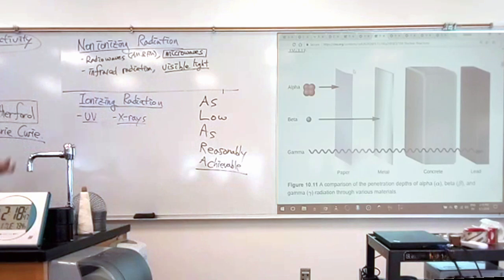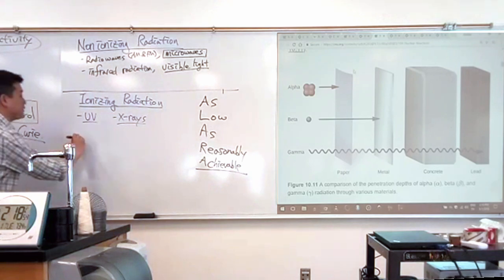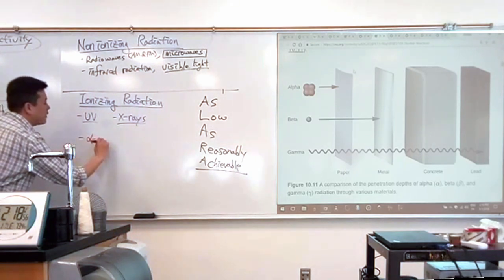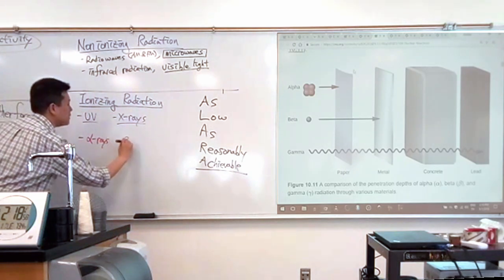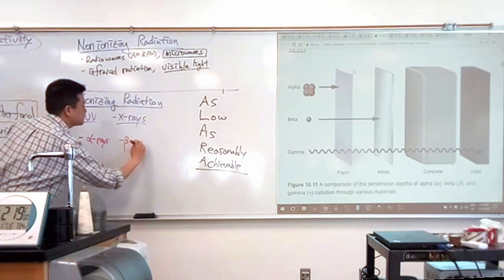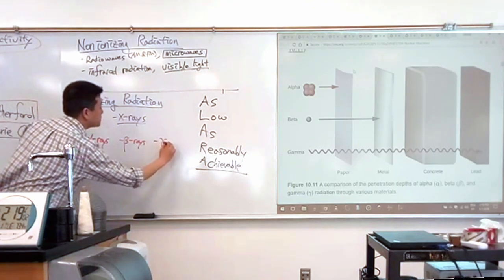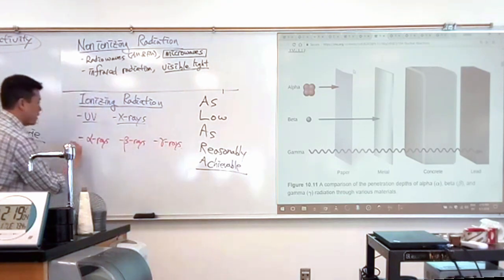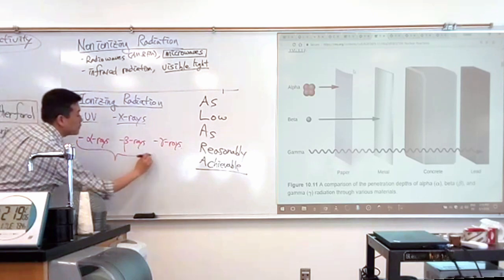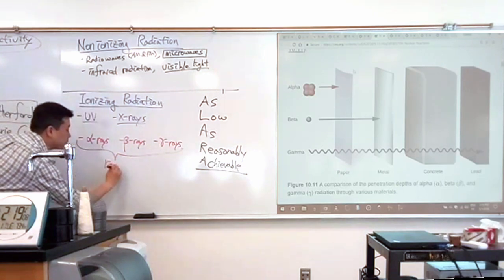So let me just list them here. The three types of ionizing radiation that come from radioactivity are alpha rays, beta rays, and gamma rays. And they all come from radioactivity.